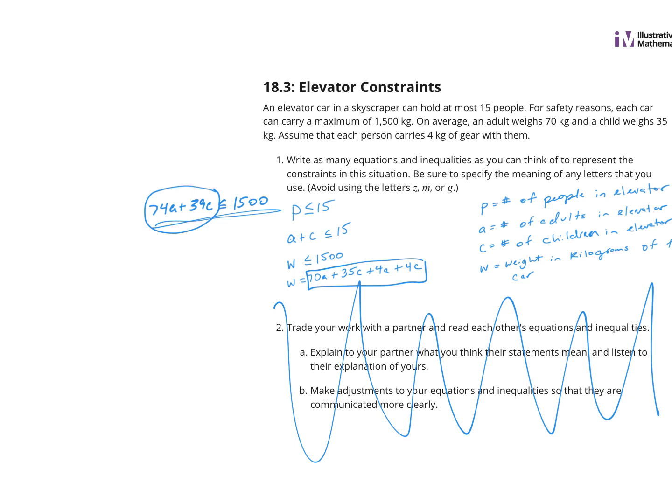Make sure that you're using the correct symbols and that they really do match the relationship. And using words to read each inequality to make sure that it fully represents the constraint is also helpful. So don't just write the inequality, also think about and maybe read it out loud: what does this represent?